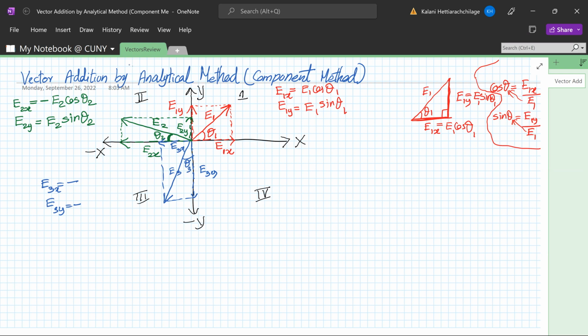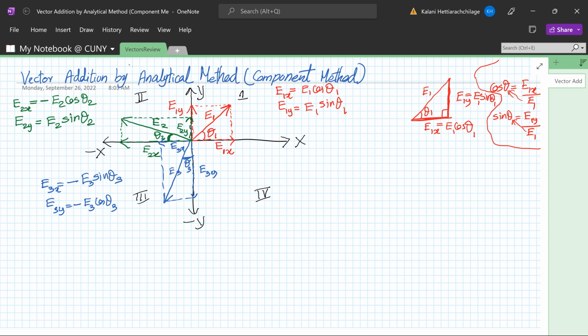Now, just after seeing your angle, you need to identify what E3y is. The side closer to the angle is the adjacent, so E3y is the adjacent in this case. That means this will be E3 times the sine of theta 3. The other one will be the cosine. This is the way you need to find the components of all the vectors, right?